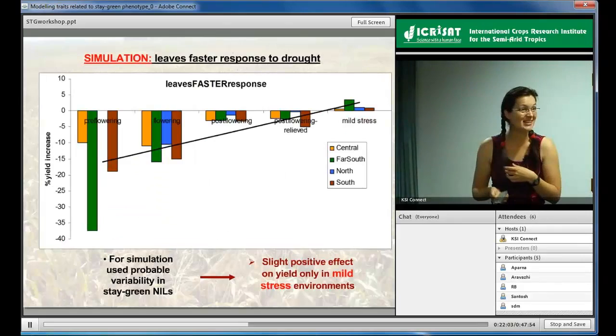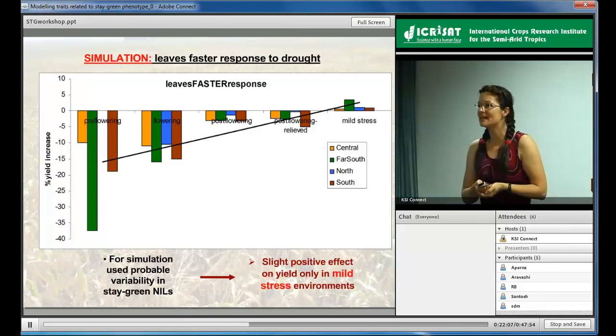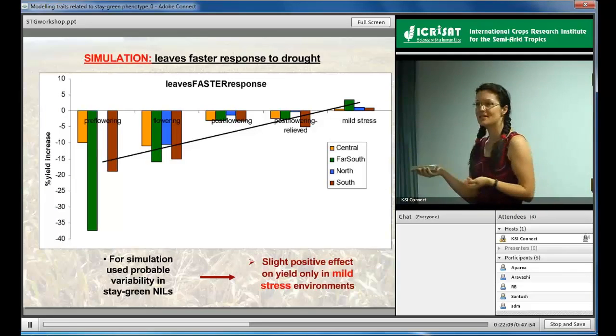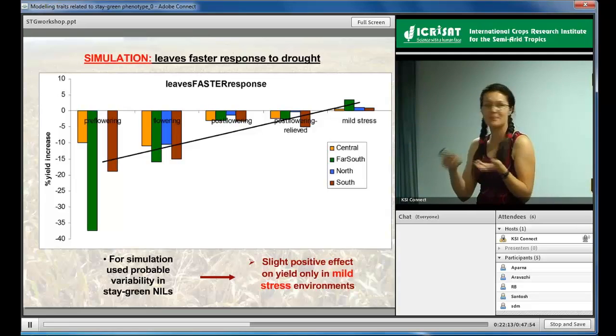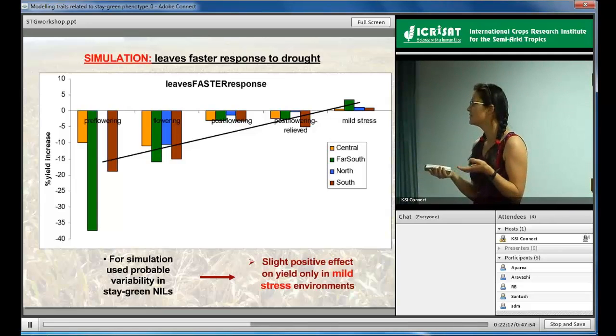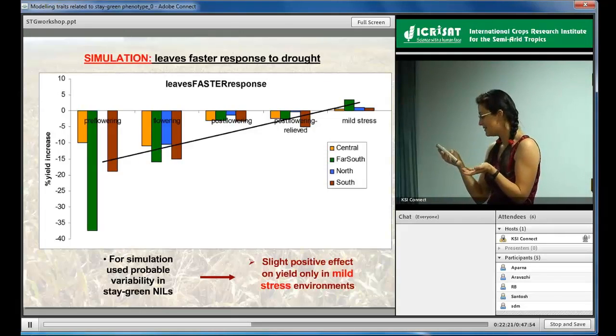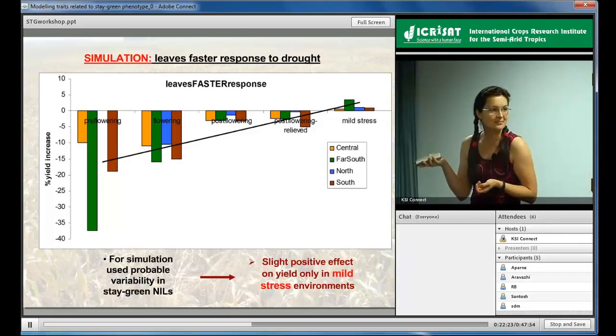Yeah, I was surprised myself because I would think, okay, the best of the stay-green lines actually contain this trait, so it should be a beneficial one. But when I tried to manipulate with UpSim to reproduce the same variability, it actually led to the yield decrease.